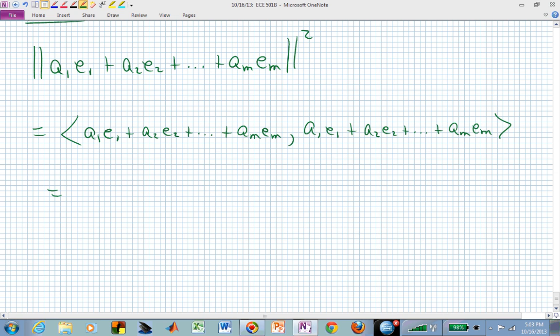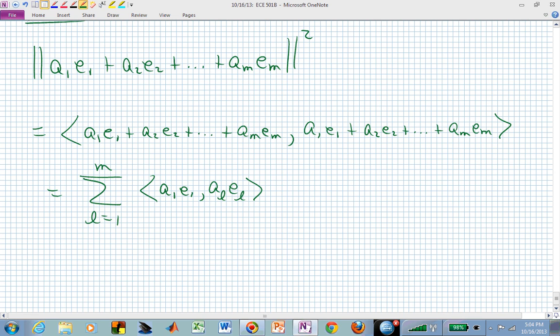If I now took the inner product of A1 E1 with all of those other pieces, A sub L E sub L, L equal 1 to m, how many of those do I have? I have Michigan of those pieces, don't I? That's now separating the inner product with A1 E1 and the second slot.